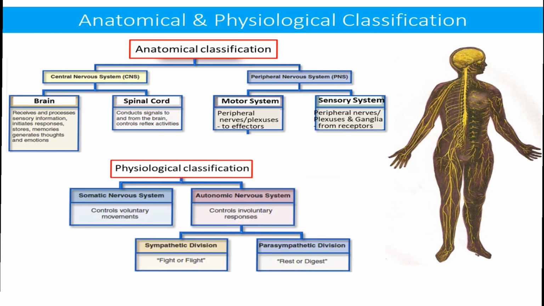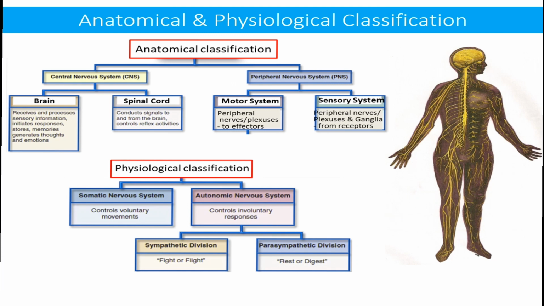Second classification is physiological classification. In this classification, again, nervous system is divided into two parts, somatic nervous system and autonomic nervous system. Somatic nervous system controls voluntary movements, whereas autonomic nervous system is responsible for the control of involuntary responses.